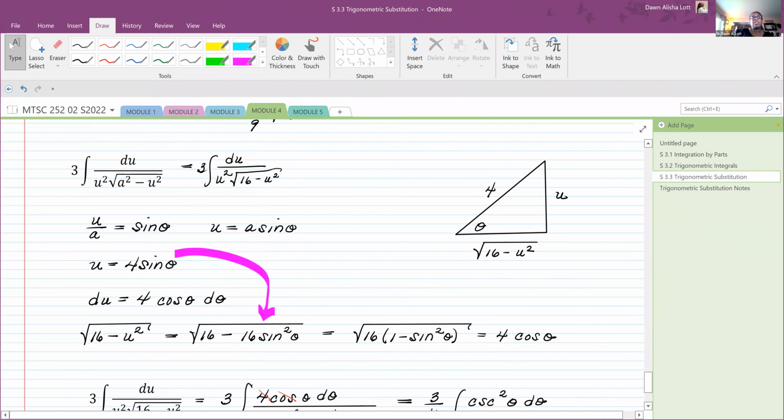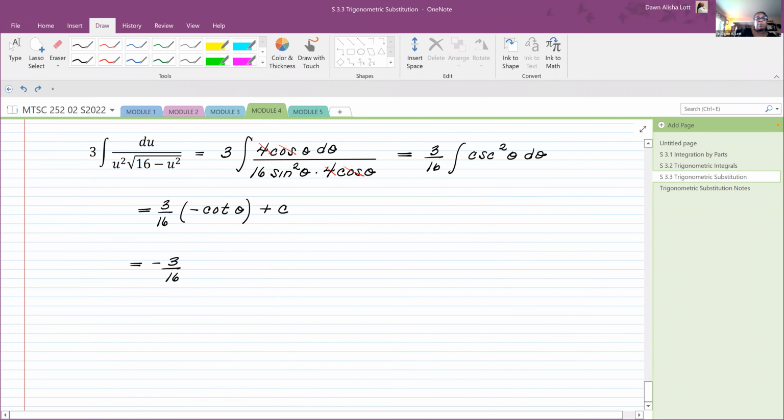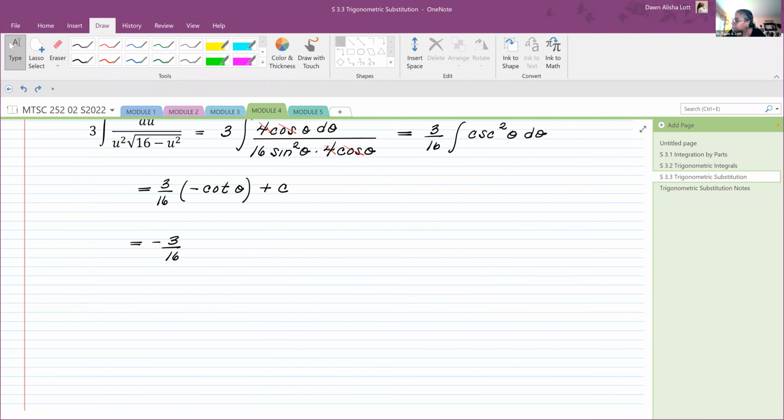The cotangent is 1 over the tangent, so the cotangent is going to be this over this. This is why I say draw the triangle. It helps. Okay, so I get the square root of 16 minus u squared. Wasn't that cute?